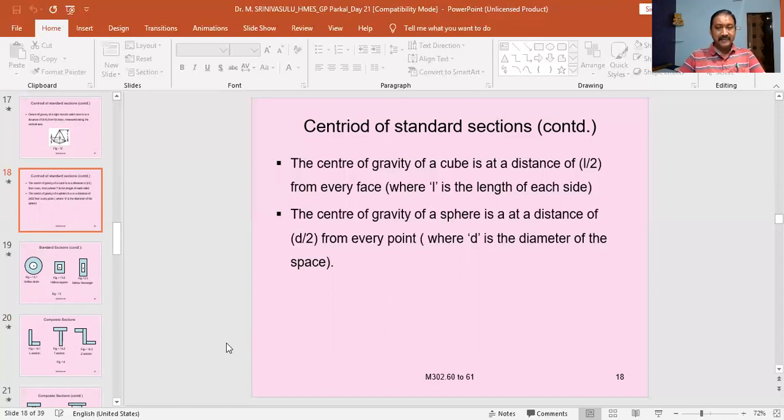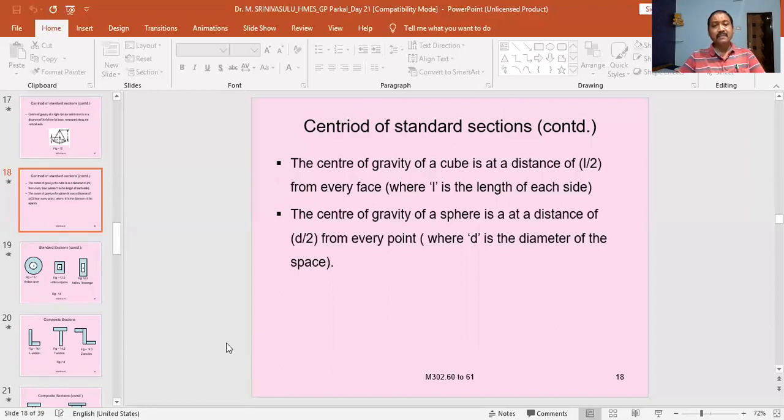It is at a distance of d by 2 from every point on the surface. Because the radius is the same, the center point is at a distance of the radius from the outer surface.